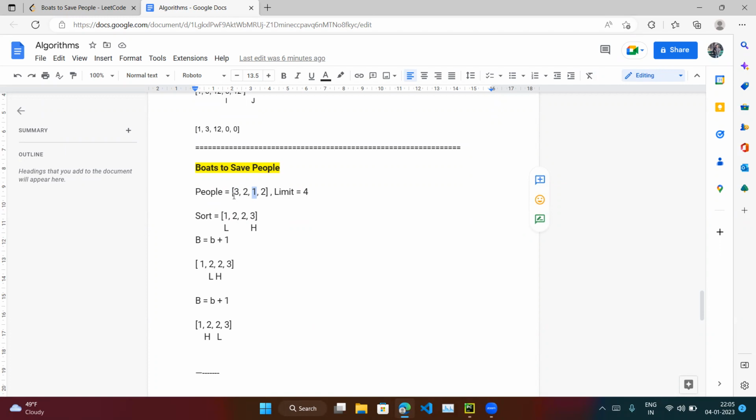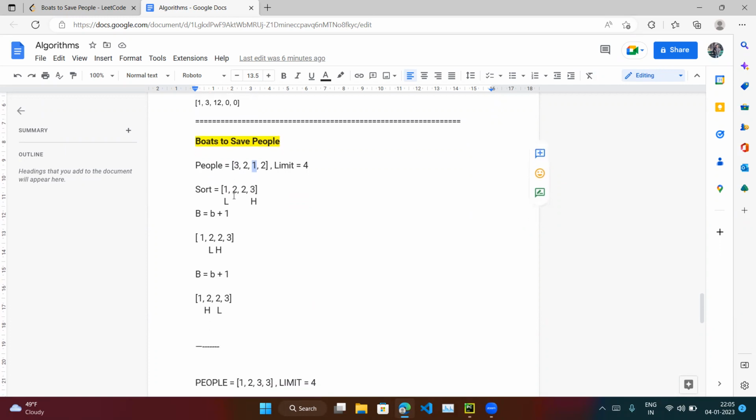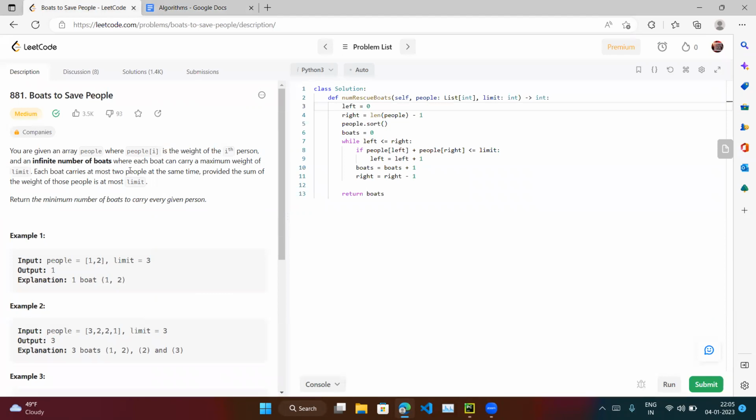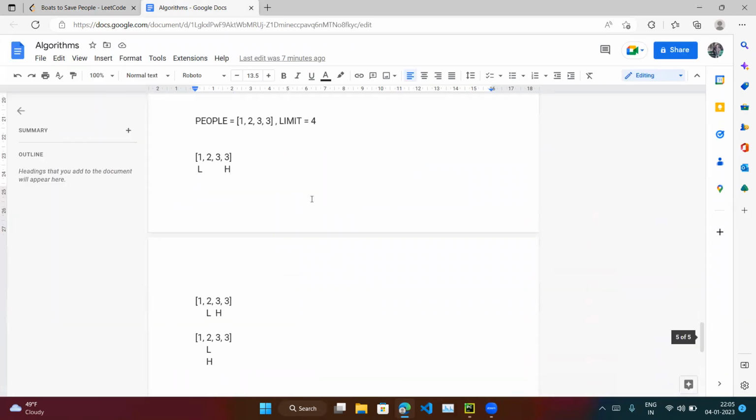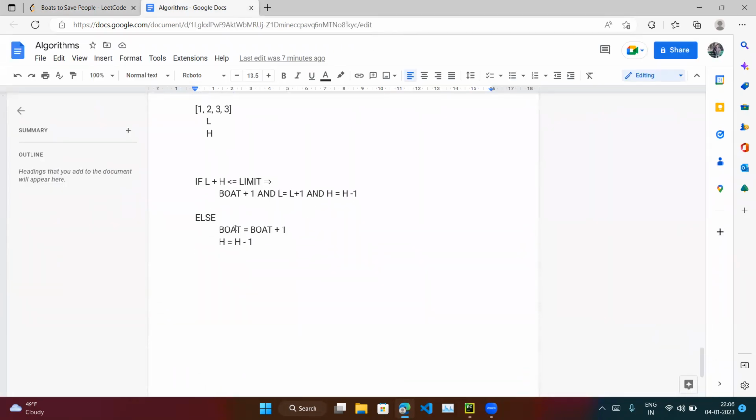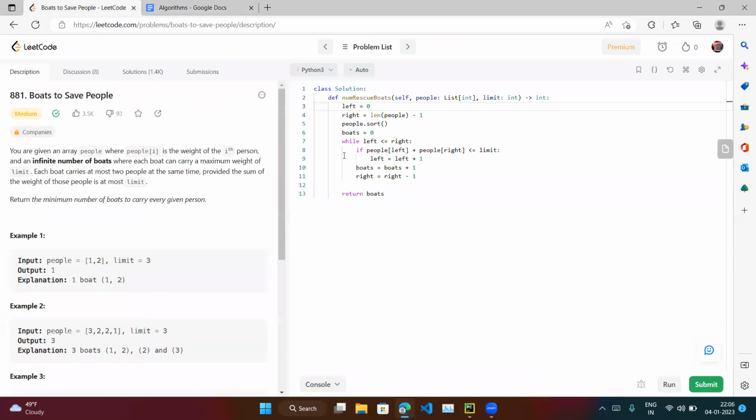Just sort the array. Once we sort the array, we know the first one is the lowest and the last one is the highest. Then just start adding, and accordingly move the pointers and increase the number of boats. And we know a maximum of two people can be carried in one boat. In a notepad or something, we first write all the conditions, then we optimize.